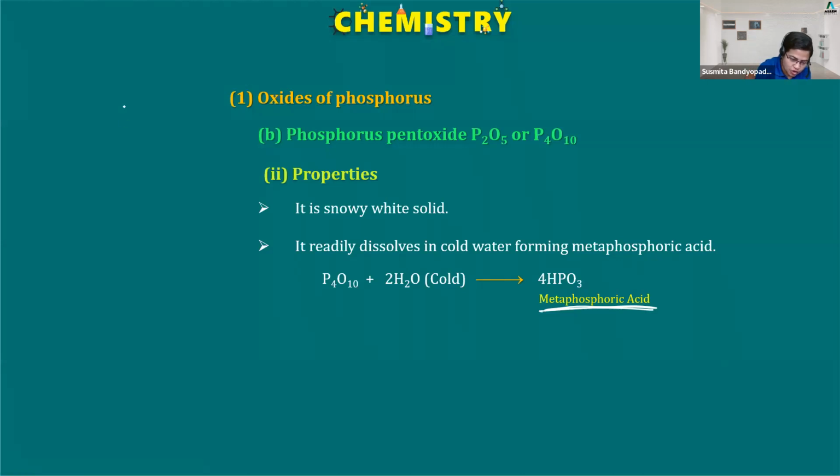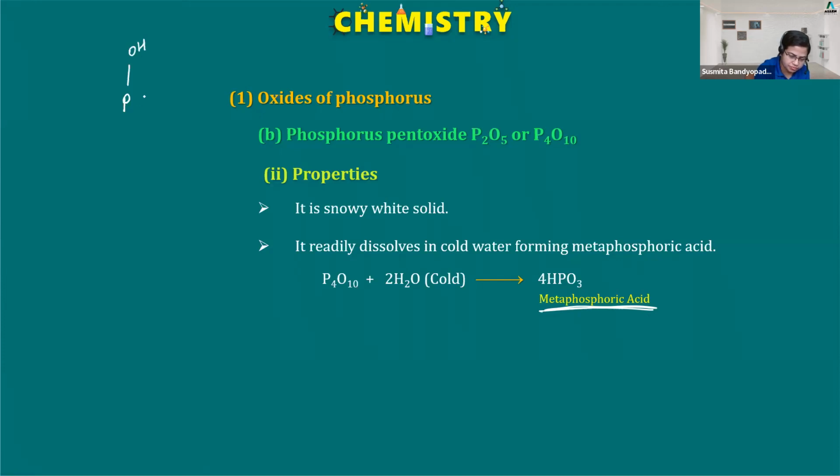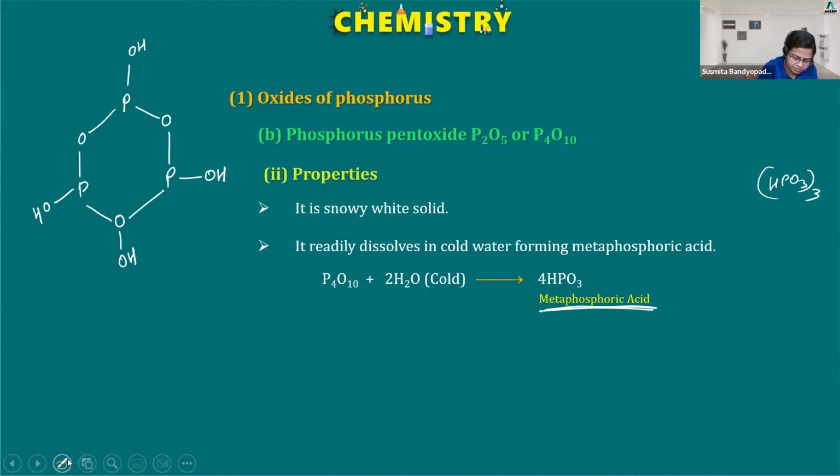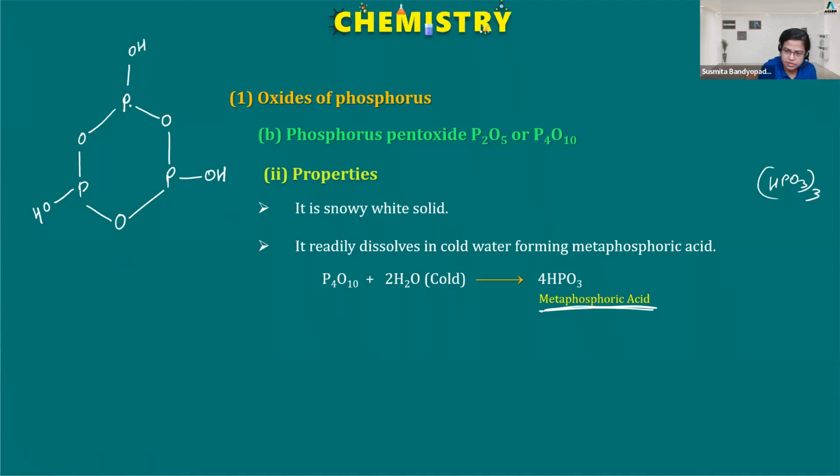Will you agree when I draw it as P, OH, O, linking P, O, P, and then HPO3 whole thrice? So I have trimetaphosphoric acid.